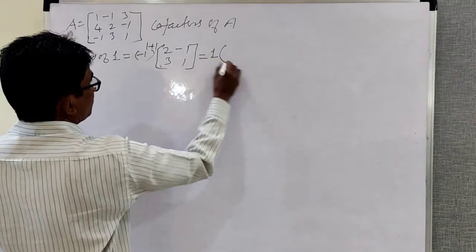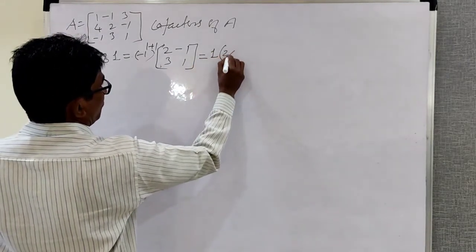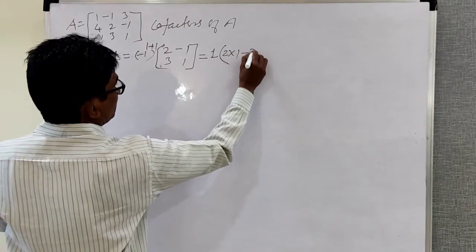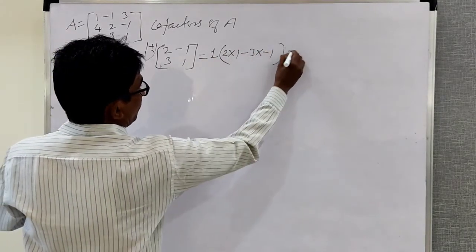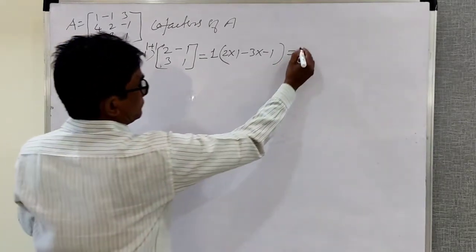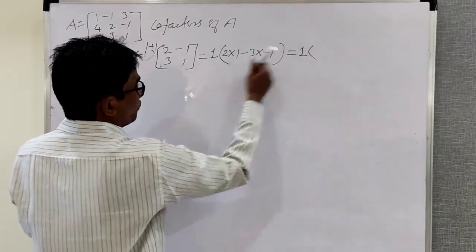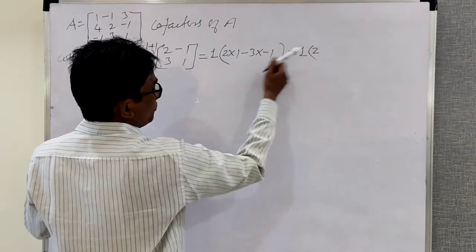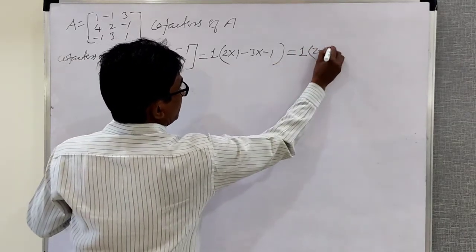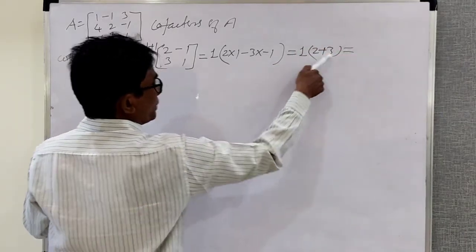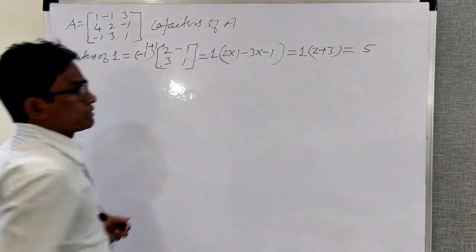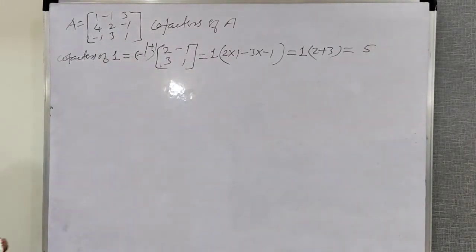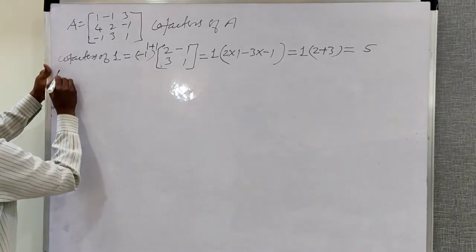Plus 1 into 2 into 1 minus 3 into minus 1, which is equal to 1 into 2 into 1, 2, minus into minus plus 3 into 1, 3. So 2 plus 3 into 1 is 5, because 2 plus 3 is 5, 5 into 1, 5.